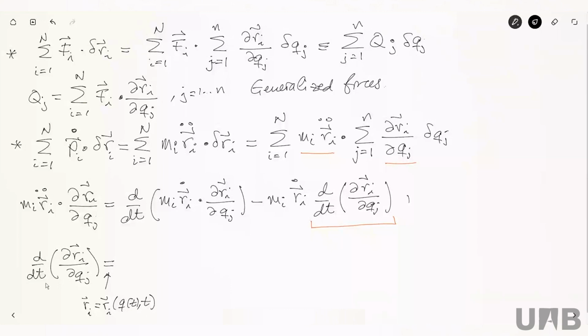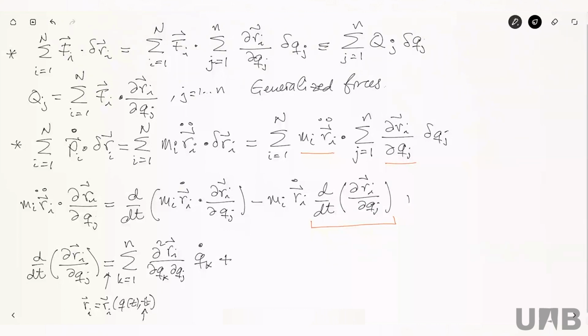So if I apply the chain rule here, this is nothing but the second derivative of r_i with respect to q_k and the q_j that I already had, times q_k dot, and then I sum over k from 1 to n. That's one term.